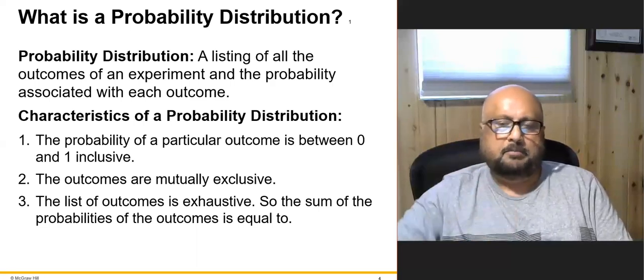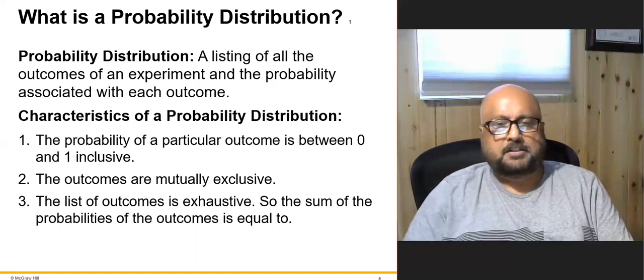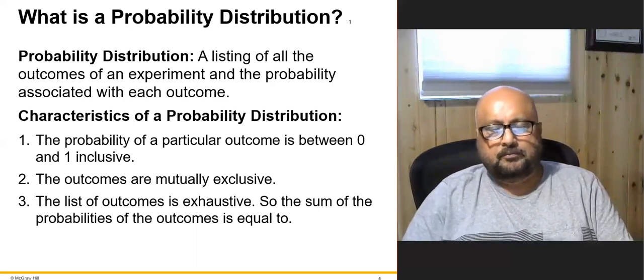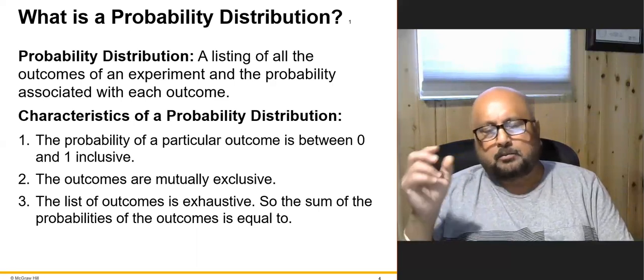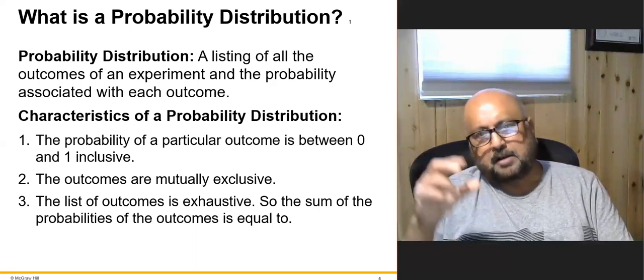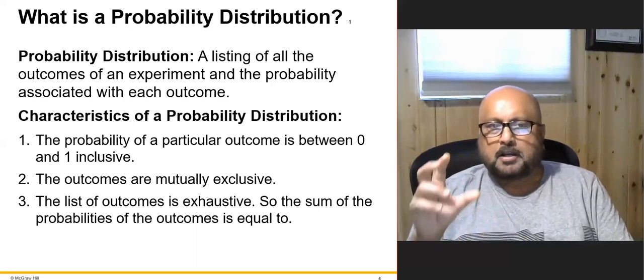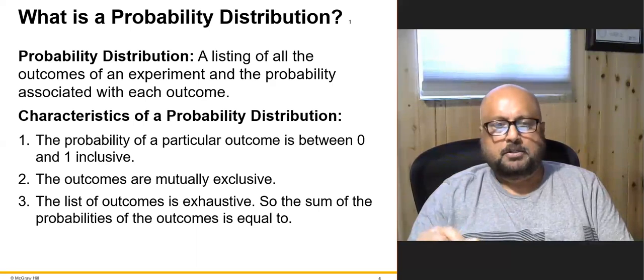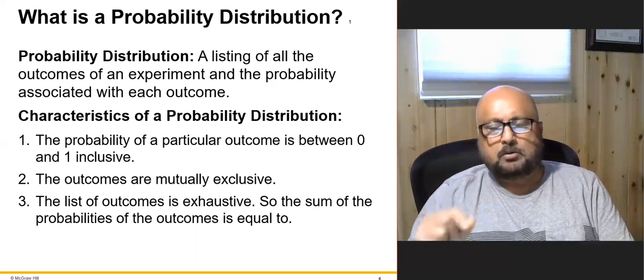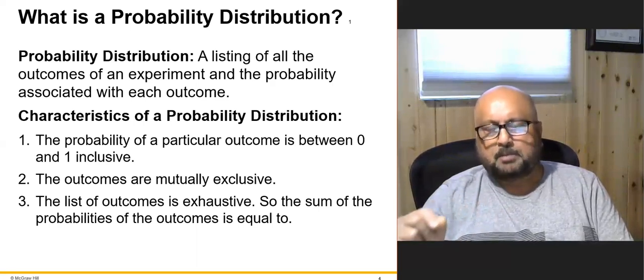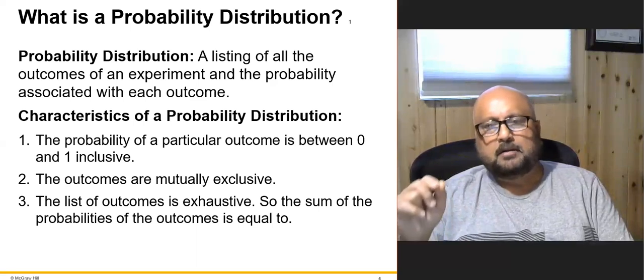That's the max of the range. And note that 0% and 100% are both inclusive. So 0 ≤ P ≤ 1, if P is a probability.